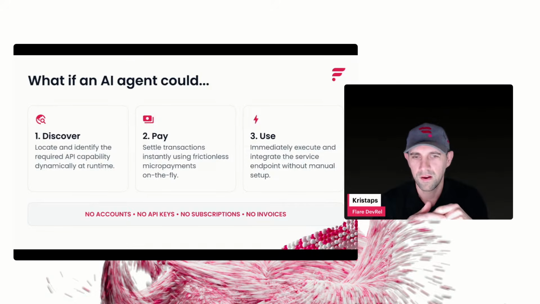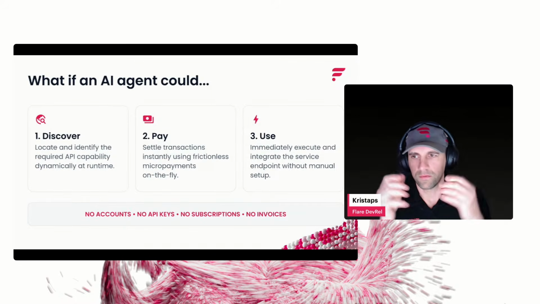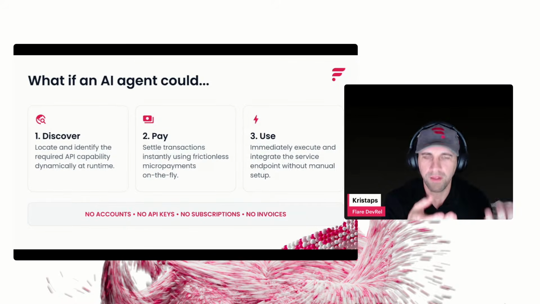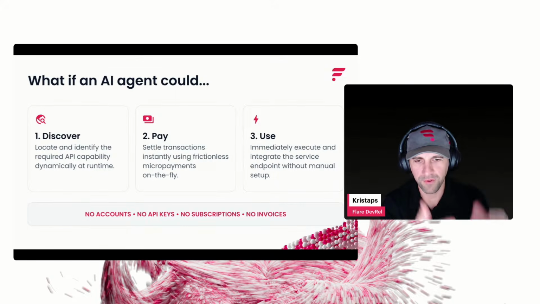There is no way to use micropayments, especially on the fly. And yeah, so imagine if AI agents could discover and locate an API that needs to be paid for, and do it dynamically.